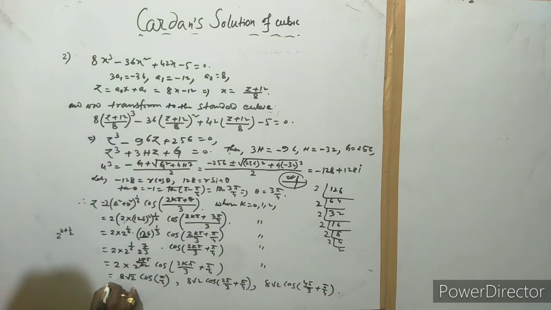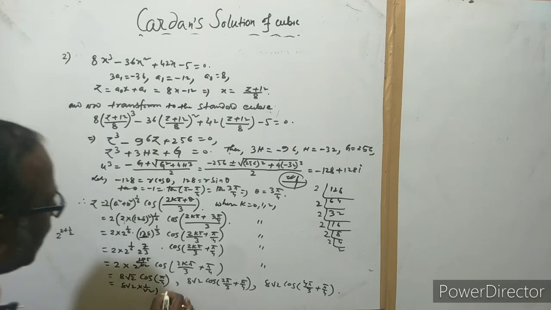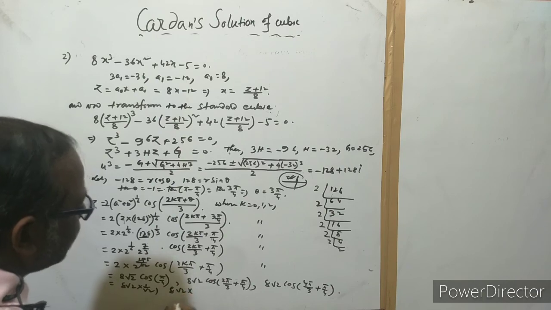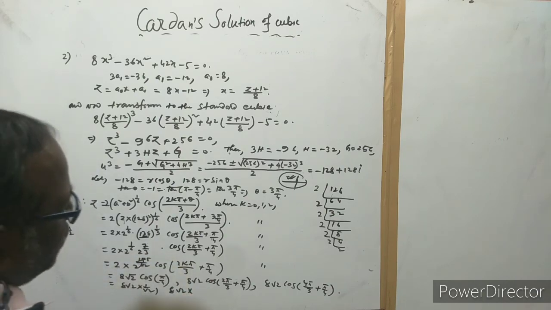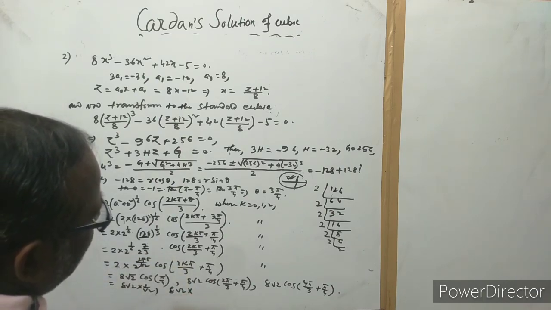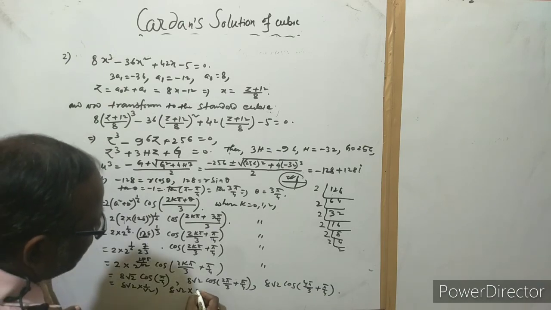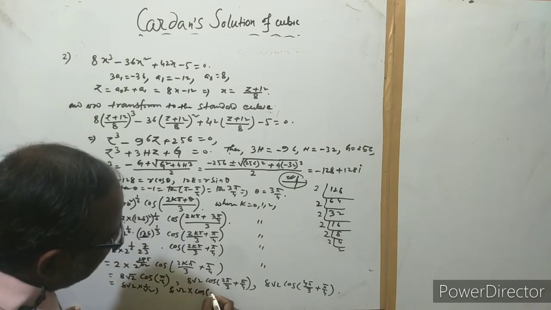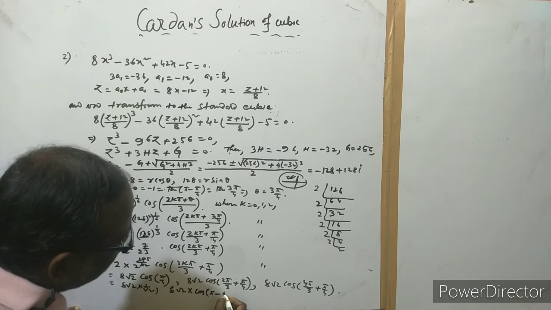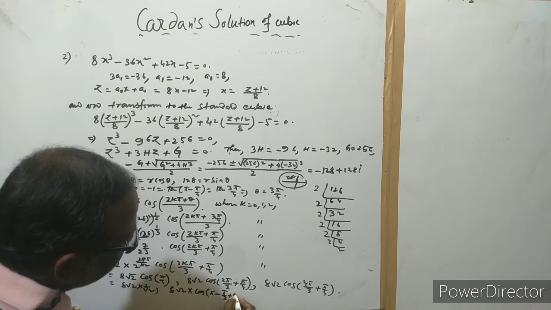And now simplify this. 8 root 2 and cos 45, that is 1 by root 2. 8 root 2 into cos of pi minus pi by 3 plus pi by 4 actually.